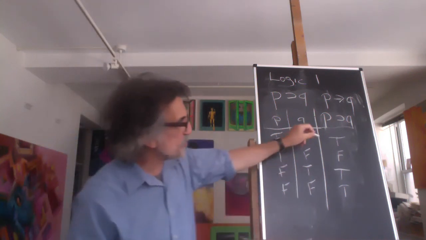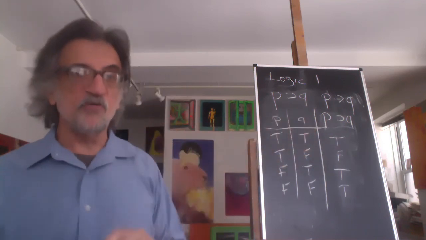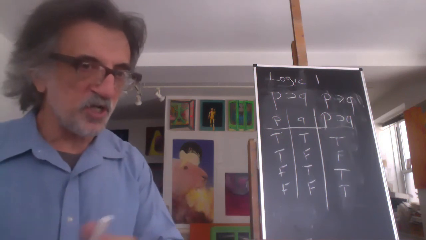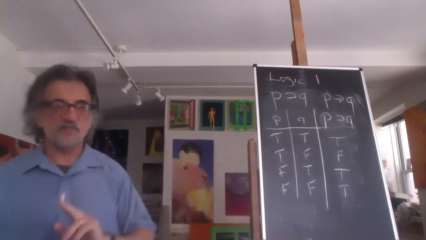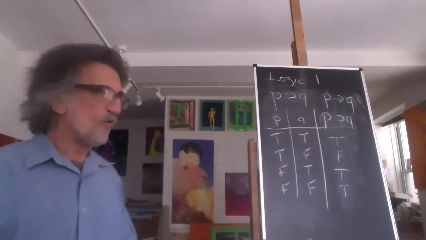Now notice, it's pretty easy to make a conditional come out true here. Just as easy as it was for a disjunction, in that 3 out of the 4 possibilities are true, only 1 possibility is false. It's just the false is in a different place from where it was in the disjunction, so it's not the same as a disjunction.